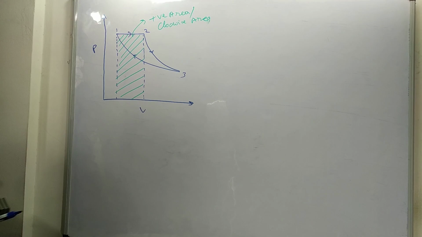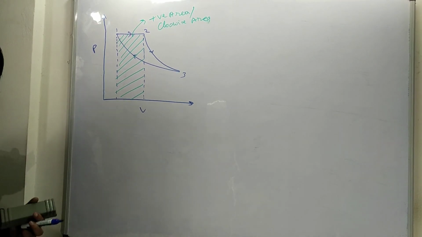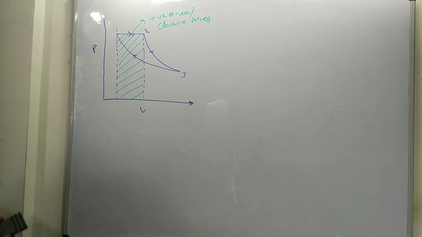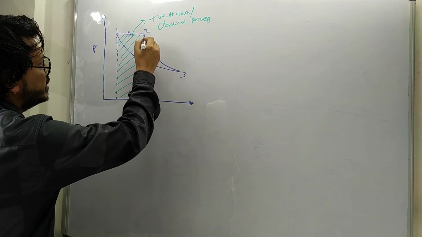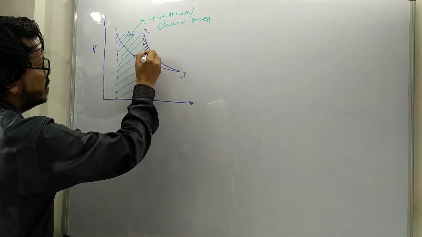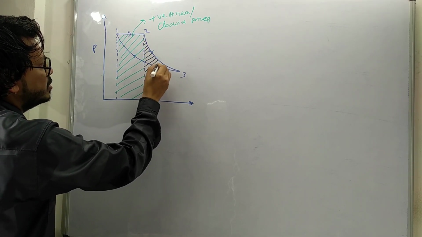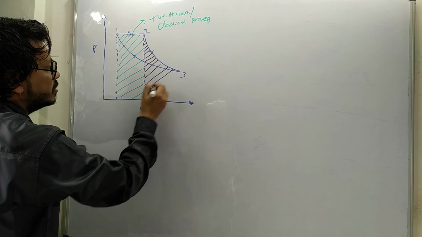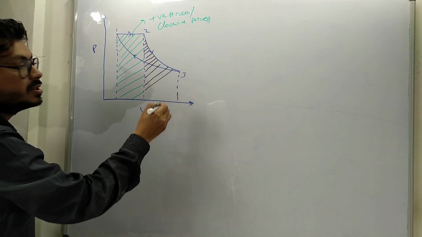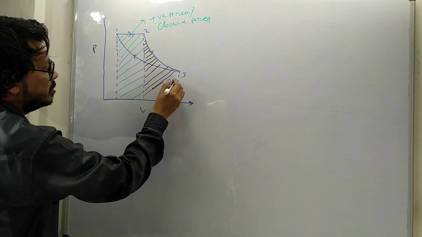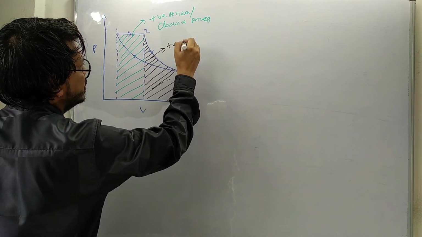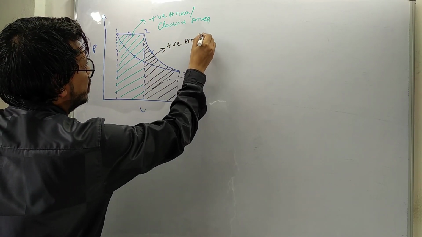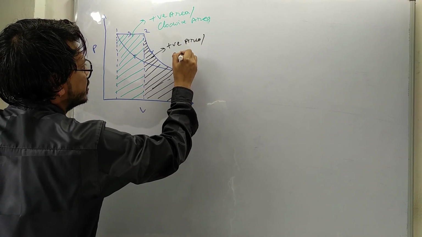Now the area under the curve for the process 2 to 3, this area is the work done by the process 2 to 3. So this area is also a positive area, or clockwise area.